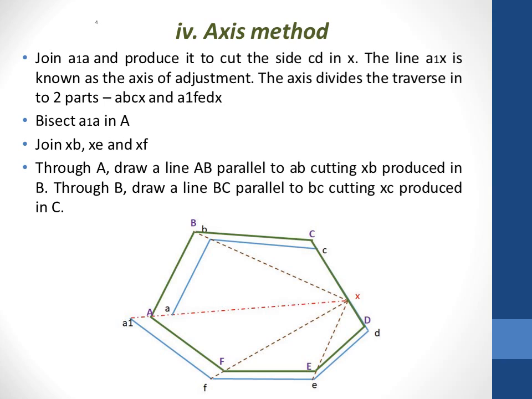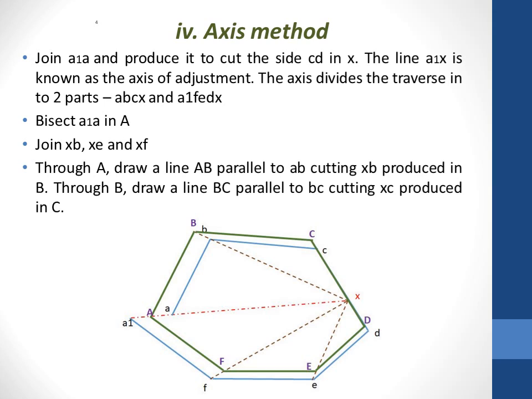Through A, draw a line AB parallel to small ab cutting XB produced in B. So the next step is just note down the point capital A. From the point A, you are going to draw a line parallel to small ab.